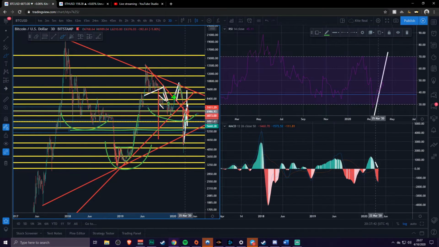We dipped below that, but came straight back up. That tells me that we have really strong support down there at the current moment. Obviously, this can change, but for right now, I do think it's still in bullish territory, to be honest.